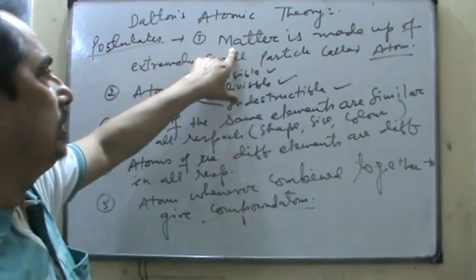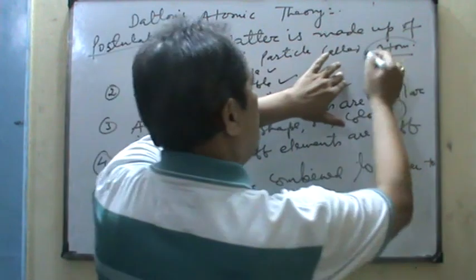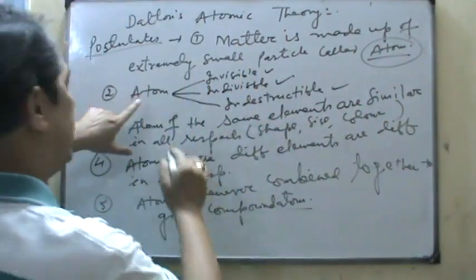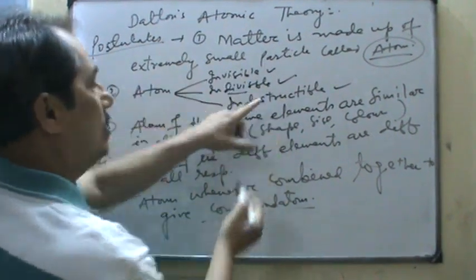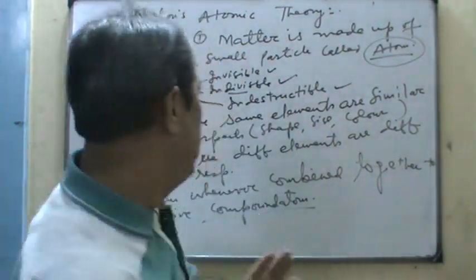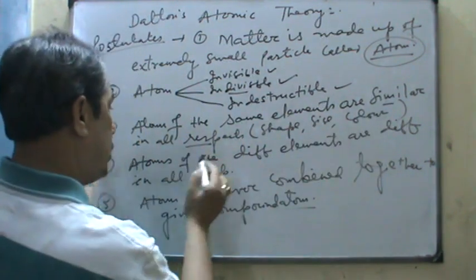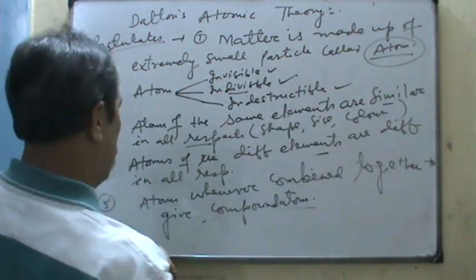Matter is made up of extremely small particle called atom. Atom is not divisible. Then atom what? Invisible, indivisible, and indestructible. But atom of the same elements are similar in all respect. Atom of the different elements are different in all respect.